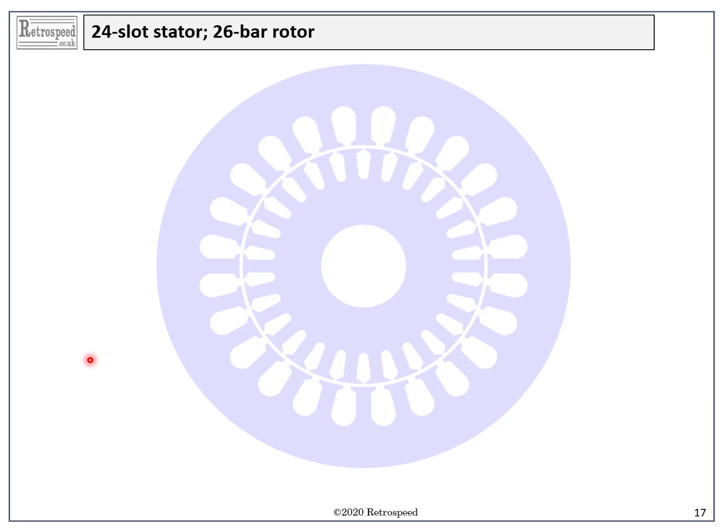Now, finally, I would like to focus on a synchronous torque dip, or at least the cause of it. Here we see a combination of 24 stator slots and 26 rotor slots. It breaks more than one of the rules if you were watching carefully, and we'll see why in just a moment.